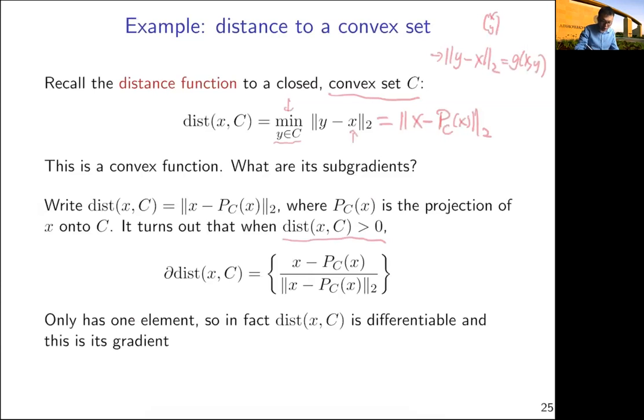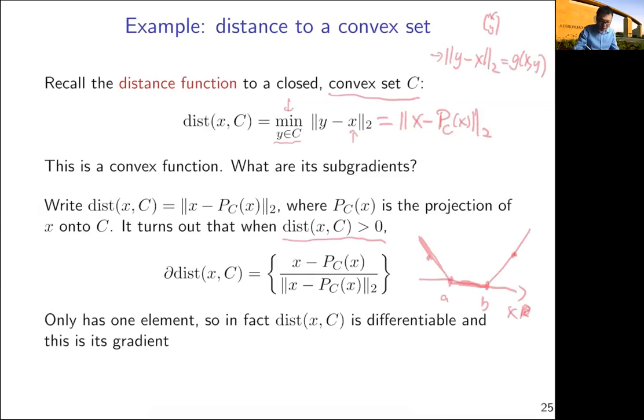Think about a line segment in 1D, from A to B. The distance from this set would grow linearly upwards. So in these regions, when x is such that the distance to this convex set is strictly larger than 0, it should be clear that this is a point where the function is differentiable.